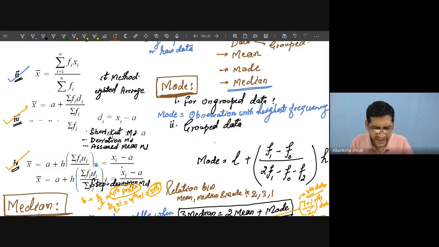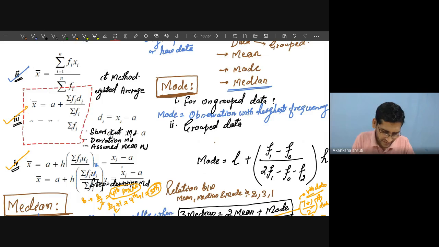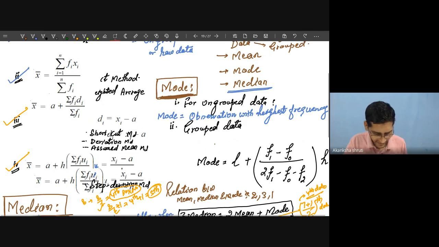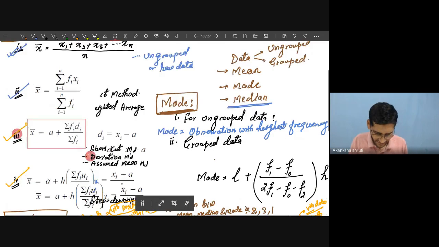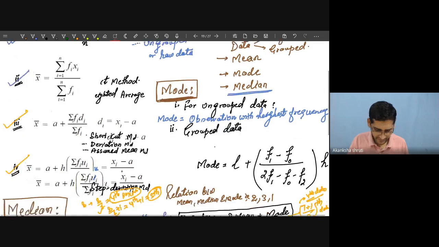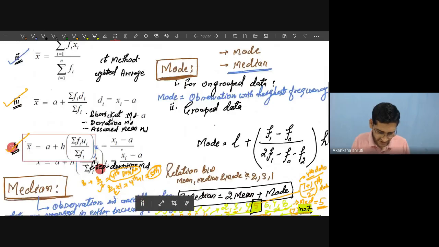Another, to simplify this further, the step deviations can be taken, where in the step deviation, the deviation di is divided by the class interval.